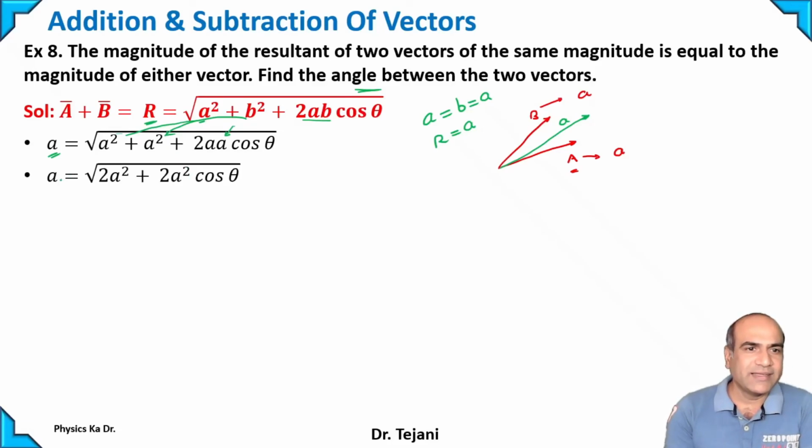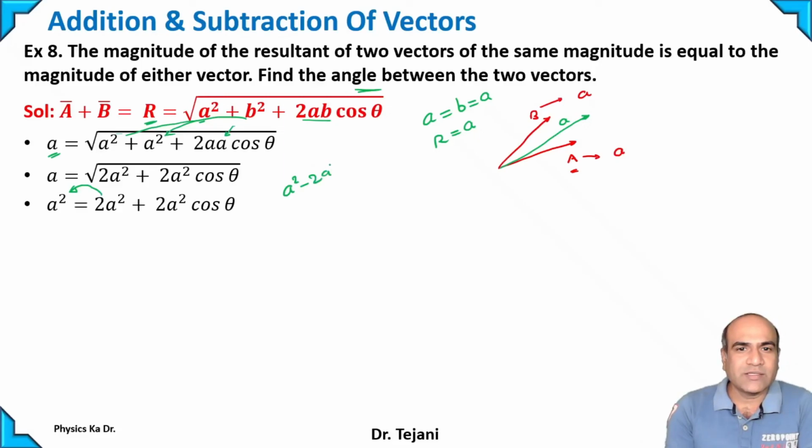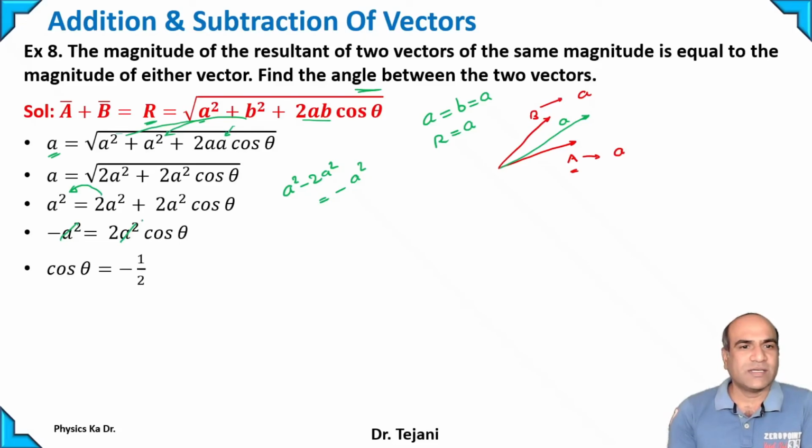You can write a is equal to under root 2a square plus 2a square cos theta. We can take a square is equal to 2a square plus 2a square cos theta. We can send this to the opposite side. What becomes? a square minus 2a square is equal to minus a square. Can we cancel this a square? Of course. And therefore cos theta becomes minus 1/2.